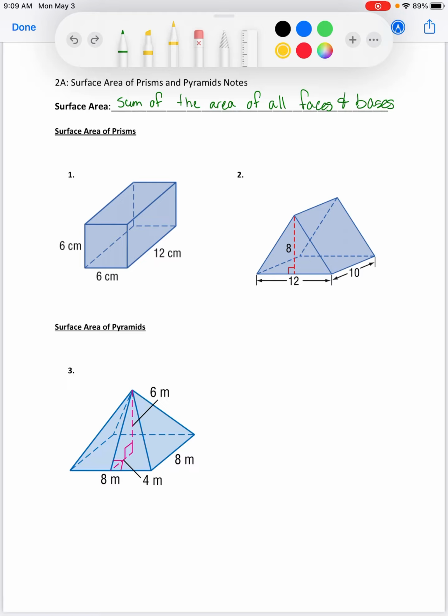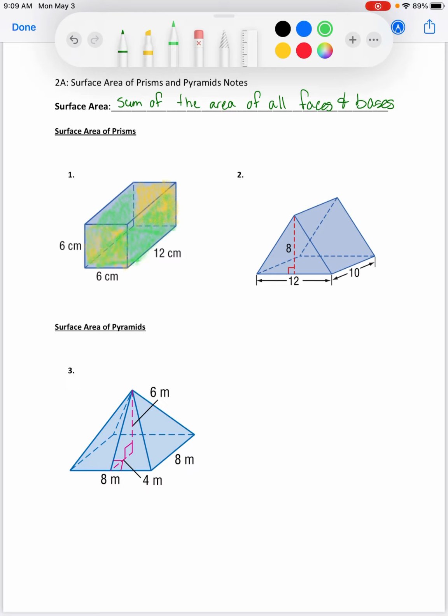Right off the bat, we have these two 6x6 squares on either end, on the front and the back of this figure. And then the other shapes we have are these rectangles that run along the right, left, top, and bottom of this figure.